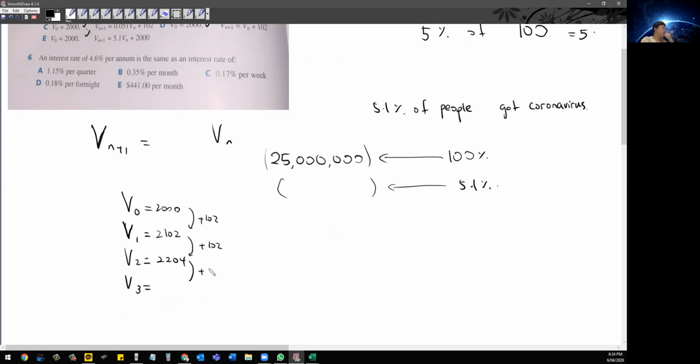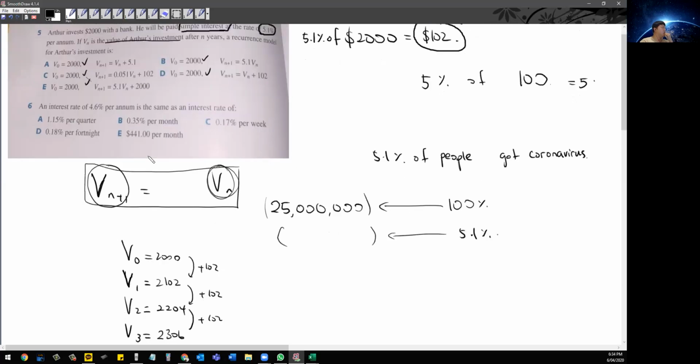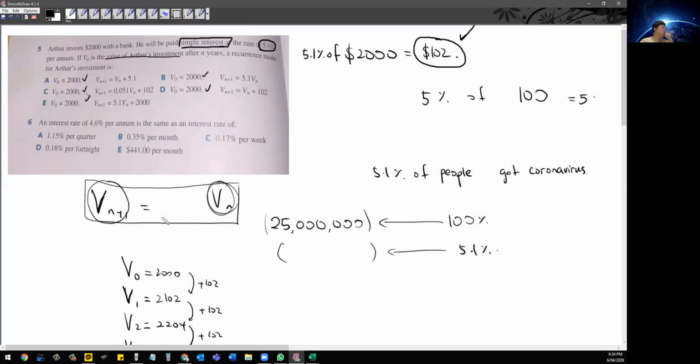Keep adding 102, so that's 2,306, etc. What is the relationship between the previous year's value and the next year's value? Plus 102. So it must be 102 plus the previous year's value. That's the new year's value. So the answer is D.